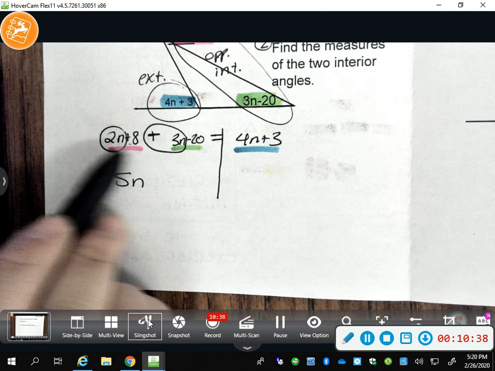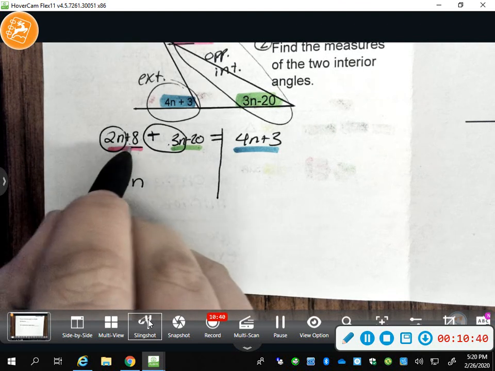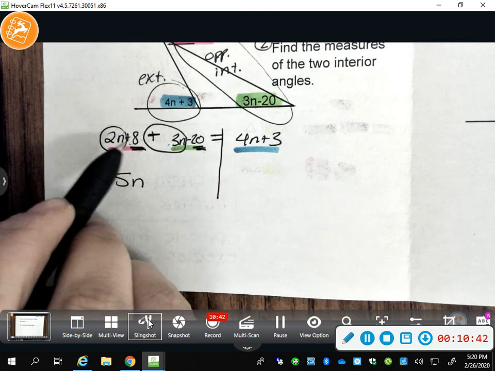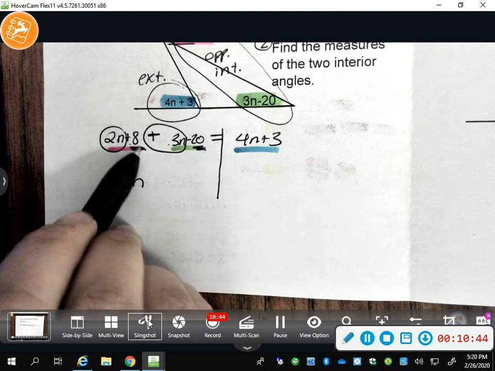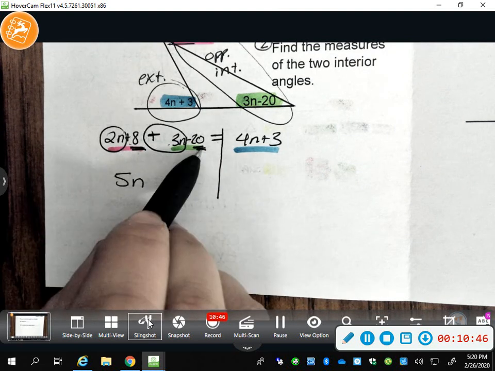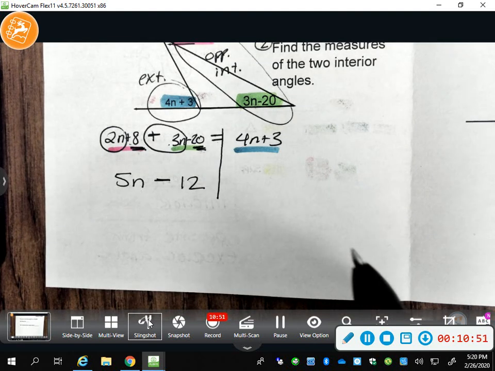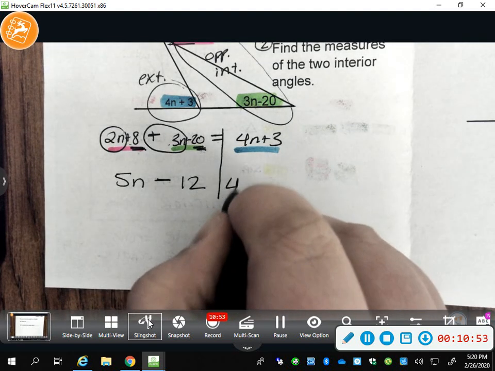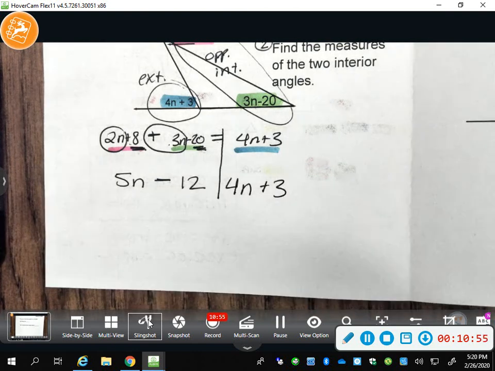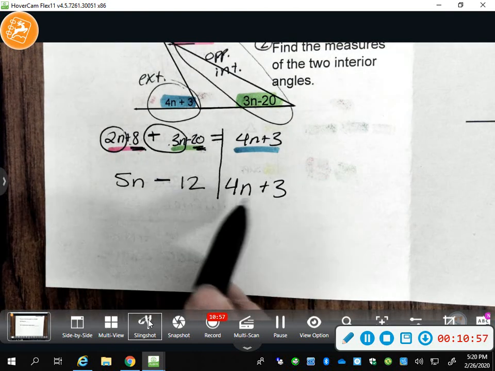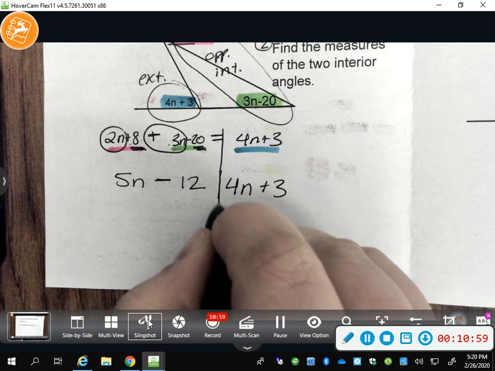Just add their coefficients. We're left with a plus 8 and a minus 20, which happen to be like terms. Plus 8 minus 20 is minus 12. On the right side, the terms 4n and plus 3 cannot be combined, so we're left with just 4n plus 3.